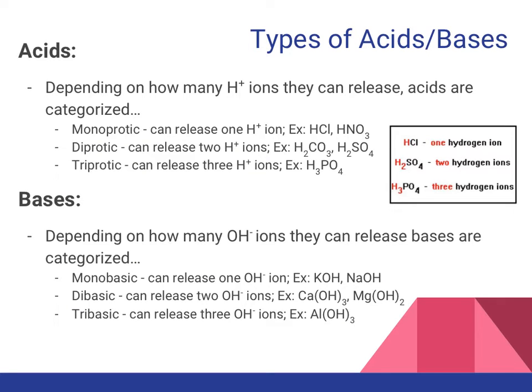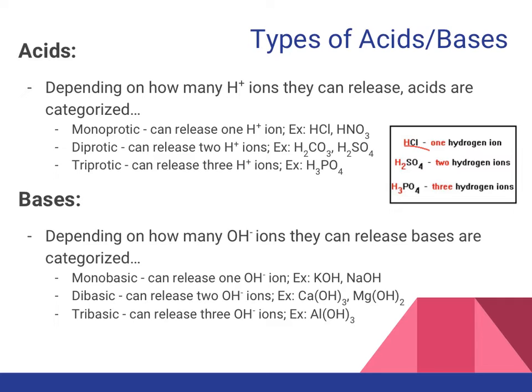So we'll start off with acids. We know that they can release hydrogen ions, but depending on what type of acid it is, they will release different numbers of hydrogen ions. If there's only one hydrogen ion there, like HCl, we consider that to be monoprotic.